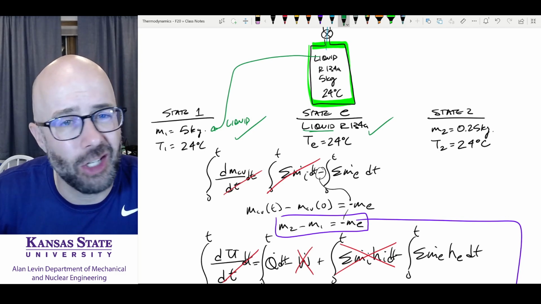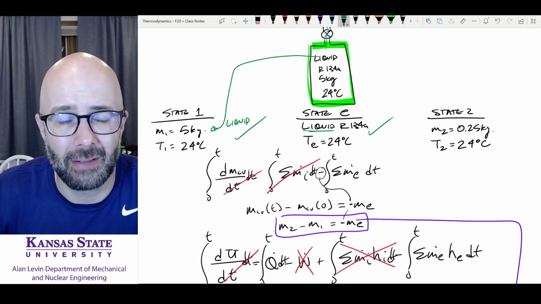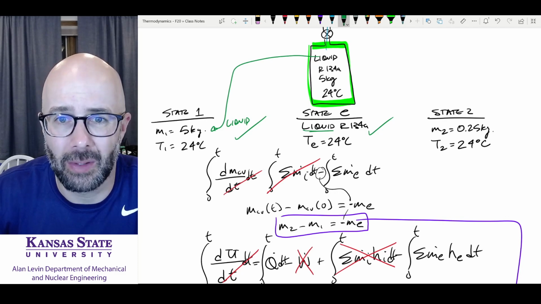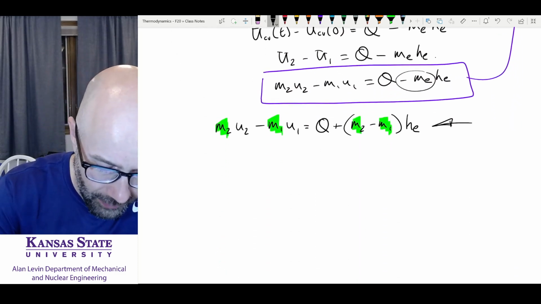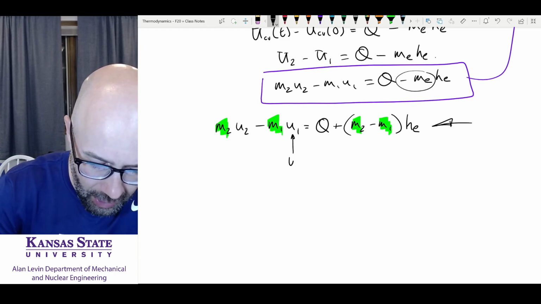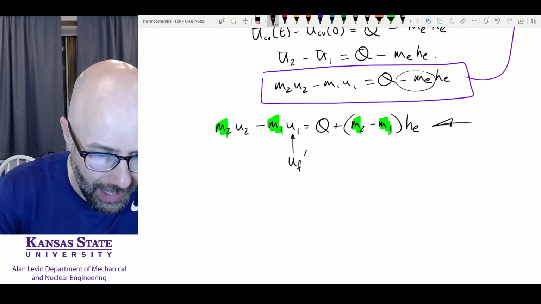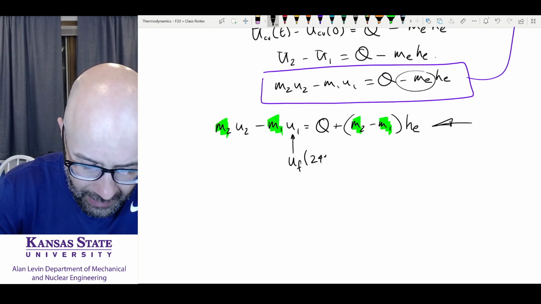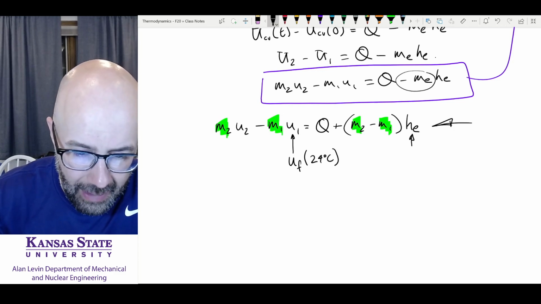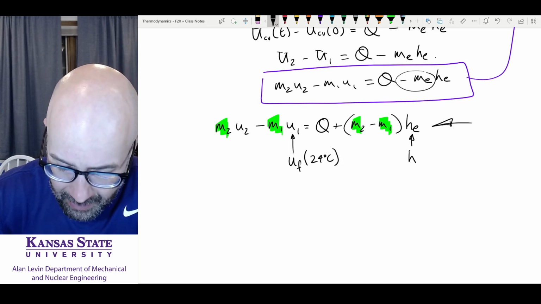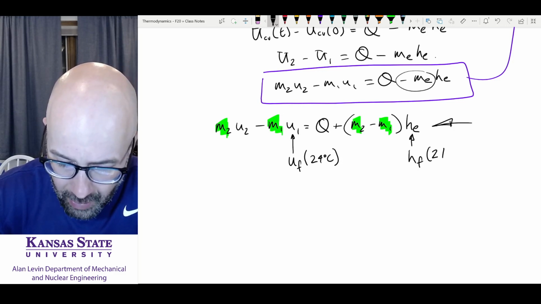State 2, I'm not sure what's going on there, so let's go back and see. For state 1, this is going to be the internal energy of the saturated liquid at 24 degrees Celsius, and the enthalpy exiting is going to be the enthalpy of the saturated liquid at 24 degrees Celsius.